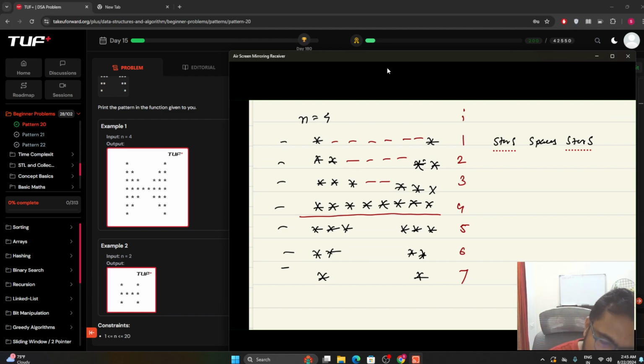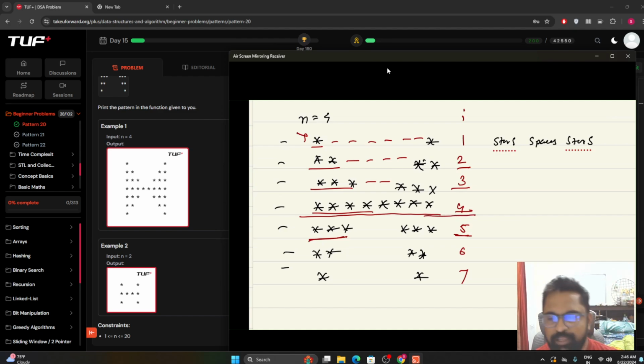Talking about i in terms of stars, stars are equal to i only. We can say 1 star, then 2 stars when i is 2, 3 stars when i is 3, 4 stars when i is 4. From this line onwards it is not equal: there are 3 stars but i is 5, so we are considering only these rows as of now.